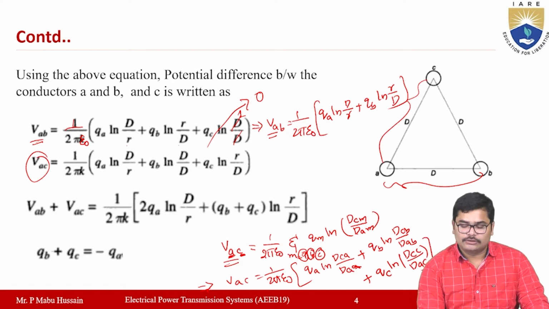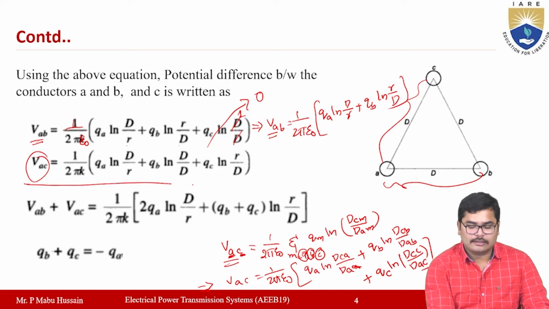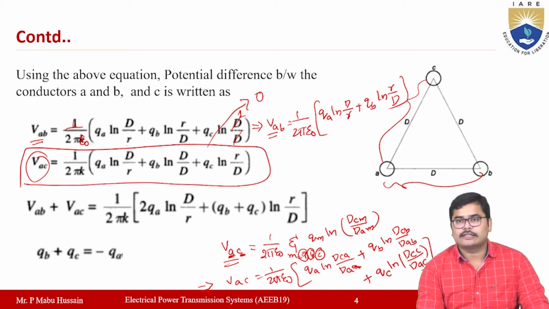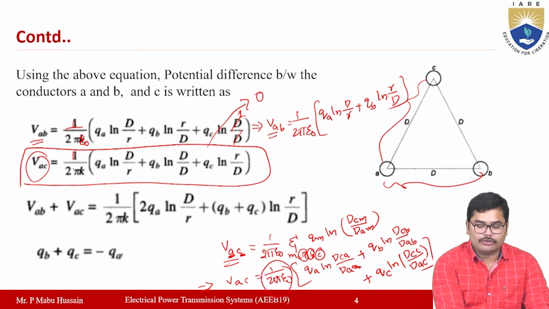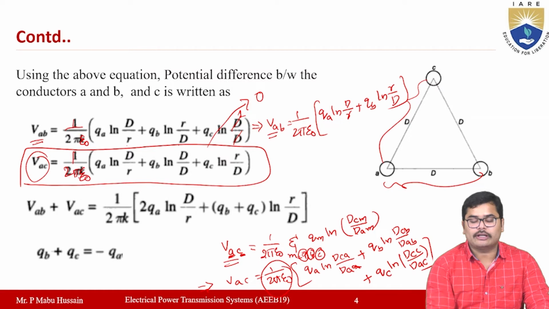Now this can be written as this equation. 1 by 2 pi epsilon naught, the same.